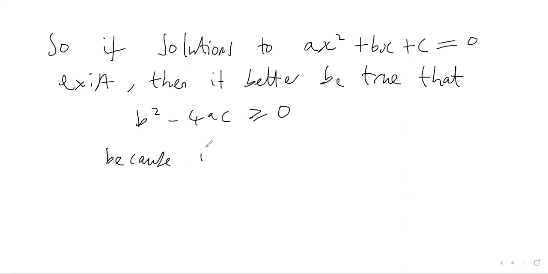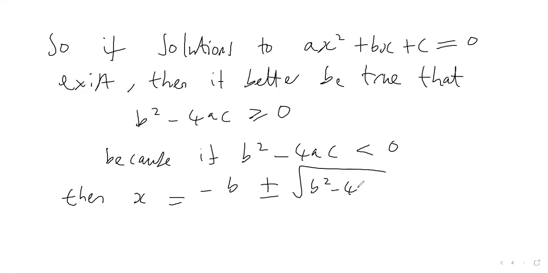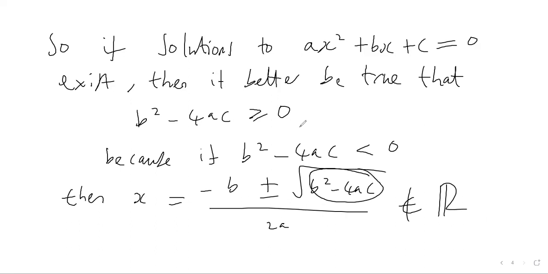Because if b squared minus 4ac is less than 0, then the solution that we get, x equals minus b plus or minus the square root of b squared minus 4ac all divided by 2a, is not a real number, because the number under the root would be negative. So in order for real solutions to exist, we want the discriminant to be greater than or equal to 0. So that's what we need.